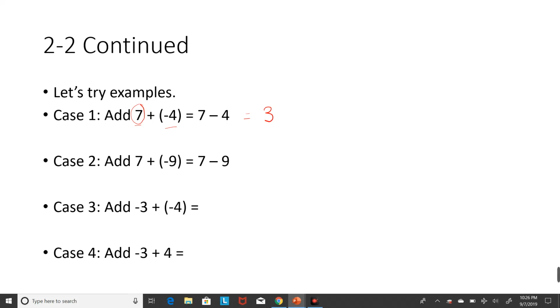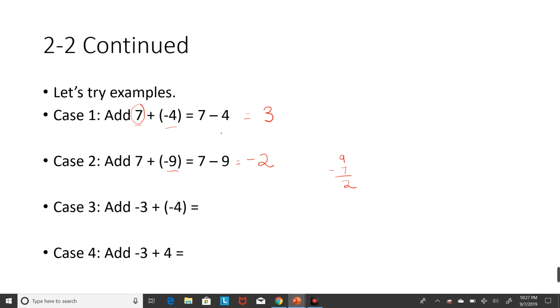The second case is if we add a positive number and a negative number, where the negative number is larger. So we're still going to be doing subtraction, 7 minus 9. But the way we calculate this is by taking 9 minus 7, which is 2, and then tacking on a negative to get -2.